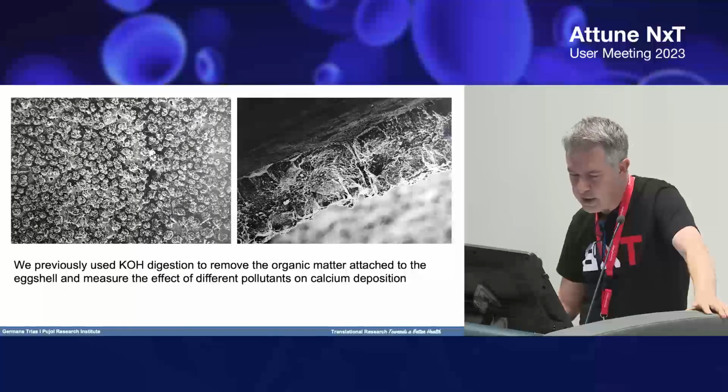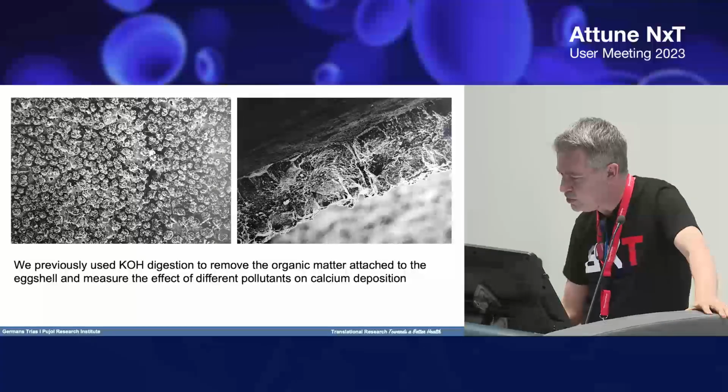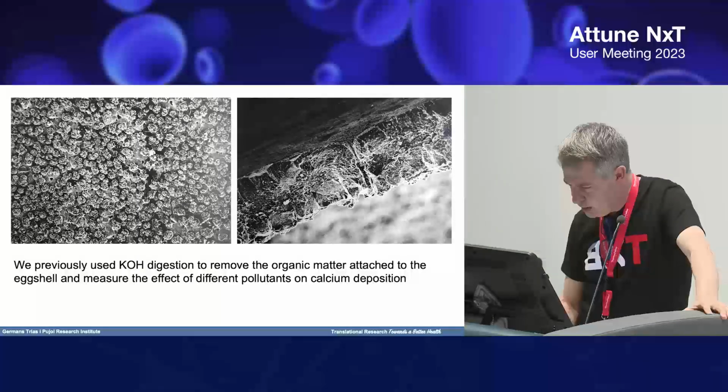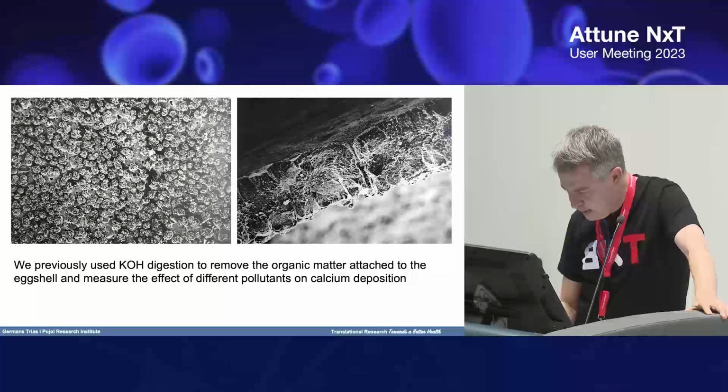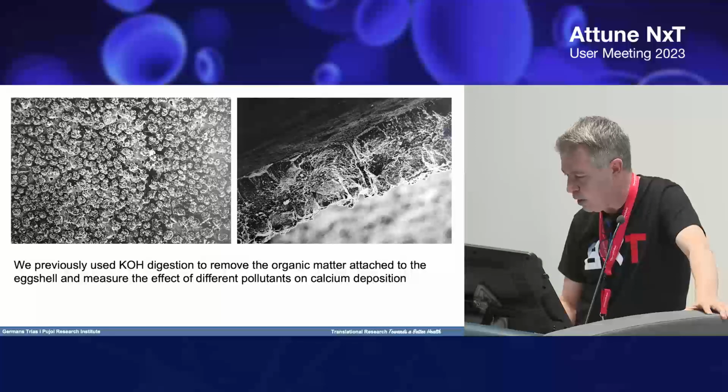As you can see here, you can easily distinguish the pores, just to be sure that we are effectively degrading all the organic matter attached to the cell membrane, and to confirm that we are trying to deplete most of the organic matter when we are digesting blood or other tissues, as you will see later.